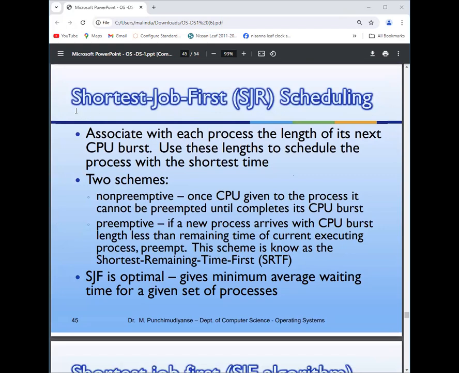We call it SJF scheduling. The shortest job first means associate with each process the length of its next CPU burst. Choose this length to schedule the process with the shortest time.